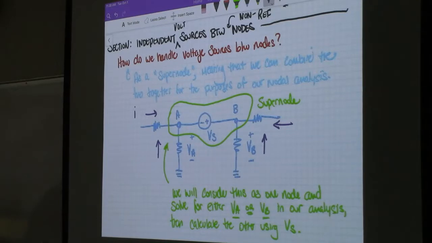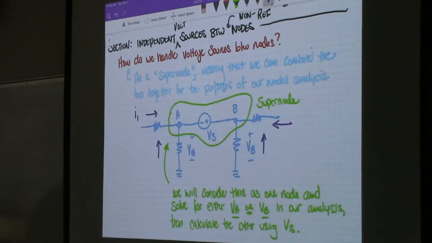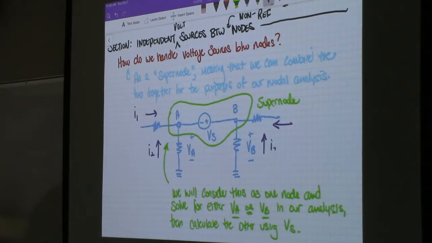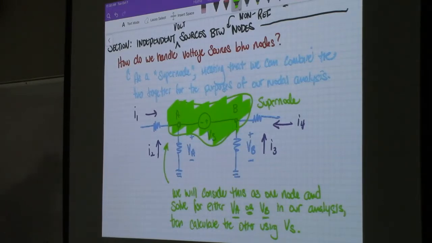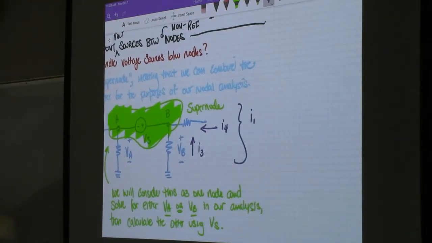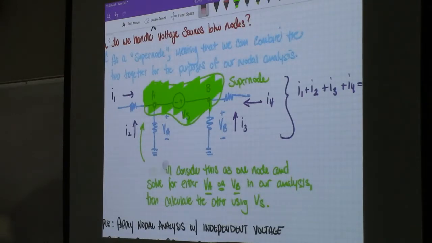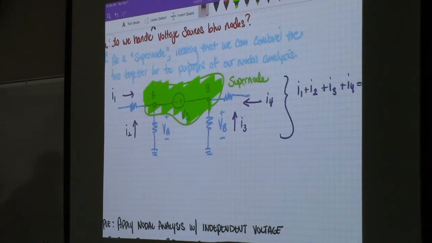I1, I2, I3, I4. Anything that flows into our supernode should sum to 0. And so that's what we mean when we say supernode.